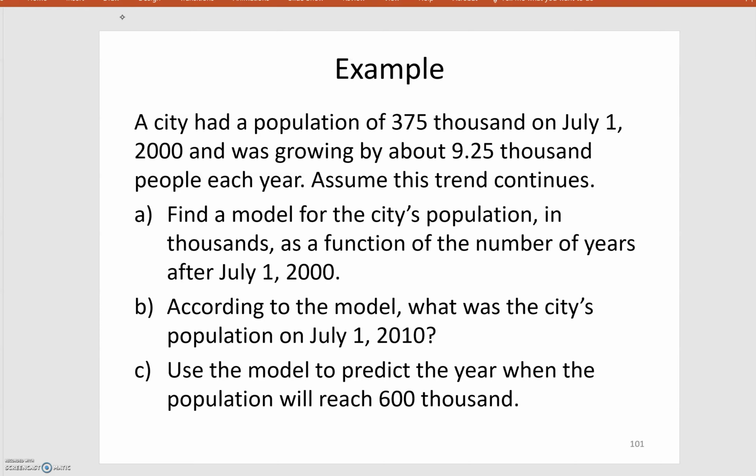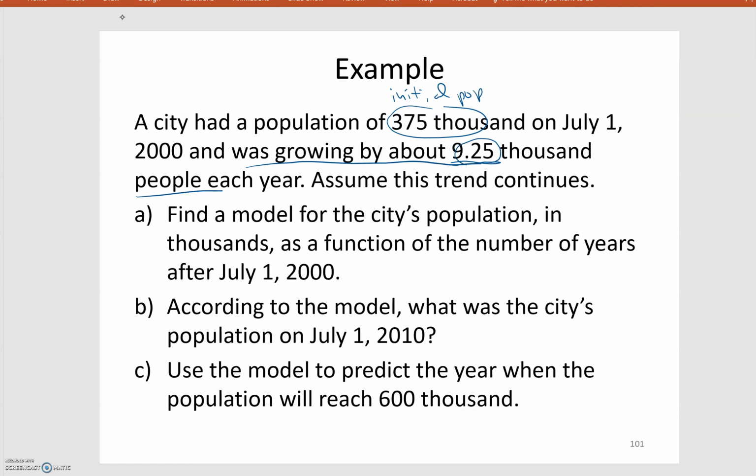Now we're still told quite a bit about the model, but it's not explicitly given to us. Now I know that its initial population is this. And then I'm also given this number that says it's growing by 9.25 thousand people each year. So what is that?